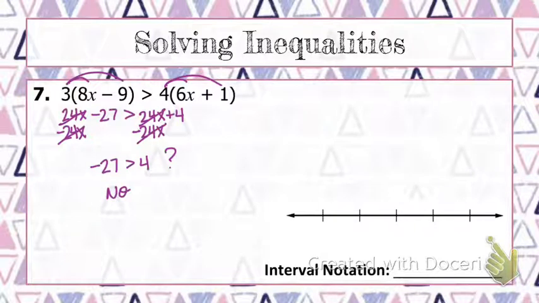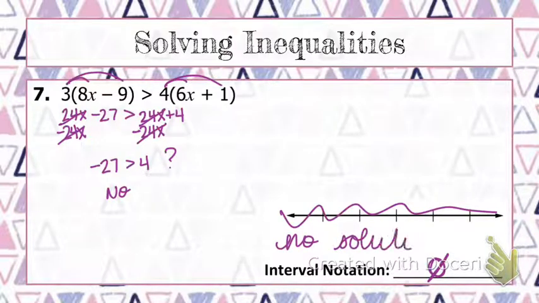So, since this statement is not true, our answer is no solution. And so for your graph here, you just don't fill out anything. You don't have to put anything on there because there is no solution to this problem. And that's allowed. It's allowed to be no solution. That's okay.